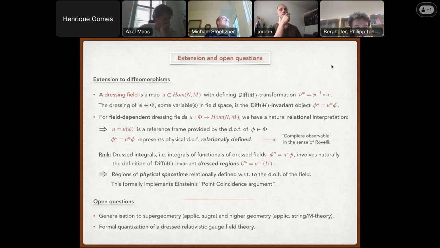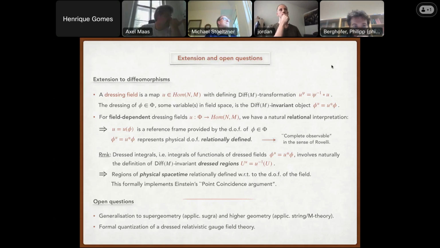It means that if you apply a diffeomorphism just to G and not to psi, you would be in a different orbit. So F star G and psi is in a different orbit, physically different from the orbit where you just have G and psi, right?